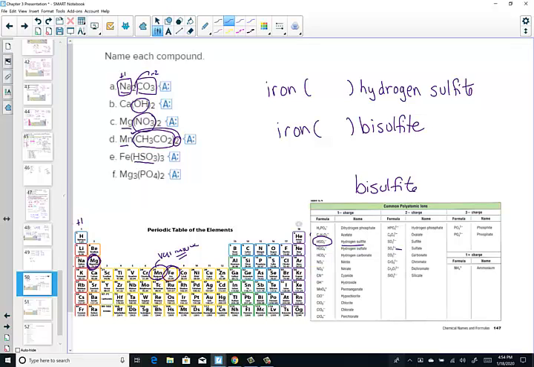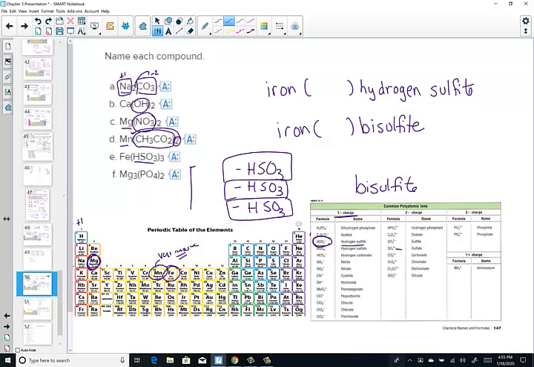What's missing is the charge on the ion. So hydrogen sulfite is a -1 charge, and there's 3 of them there. It's like writing HSO3 -1 3 times. Each one of those represents a -1 charge. So 3 individual units of -1.